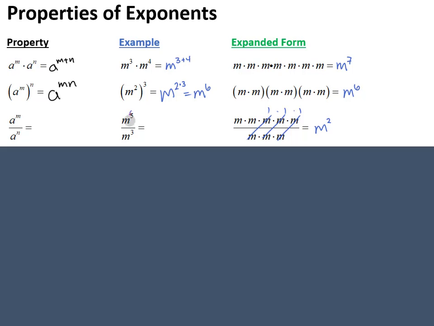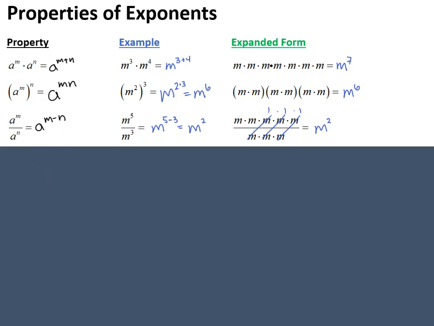And how do we get to 2 from 5 and 3? Well, subtraction, of course. And this hopefully makes sense from our first property. If you're multiplying things with the same base, you add the exponents. If you are dividing things with the same base, you subtract the exponents in the order of the top minus the bottom.